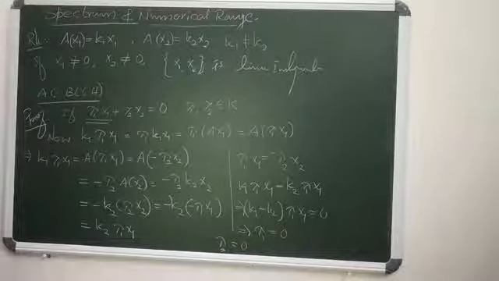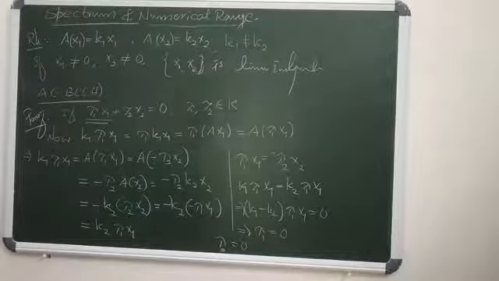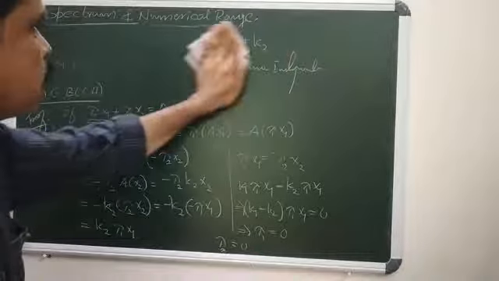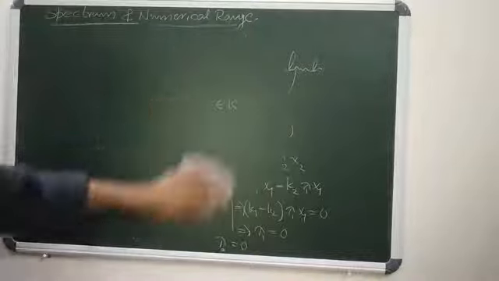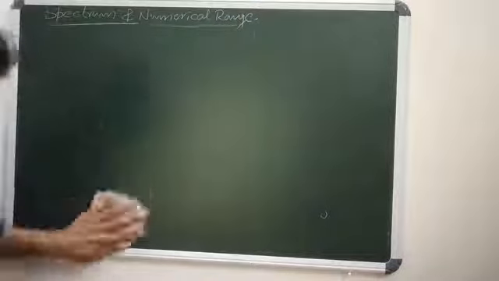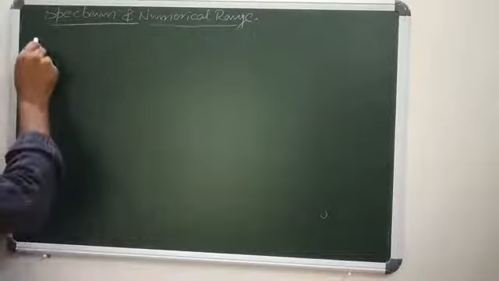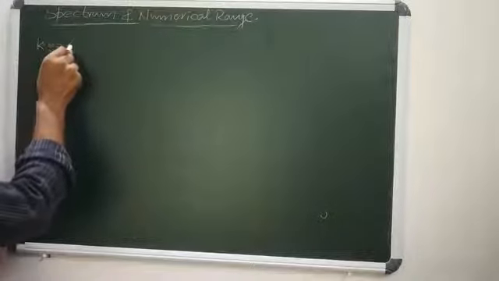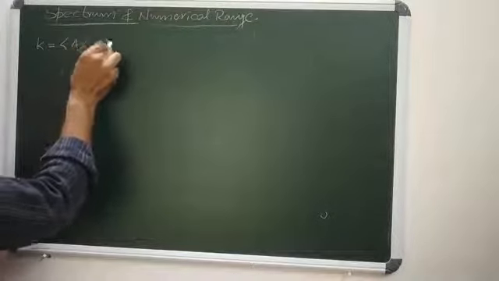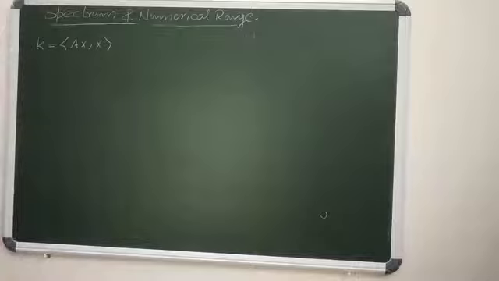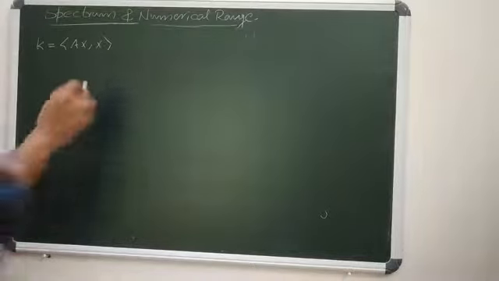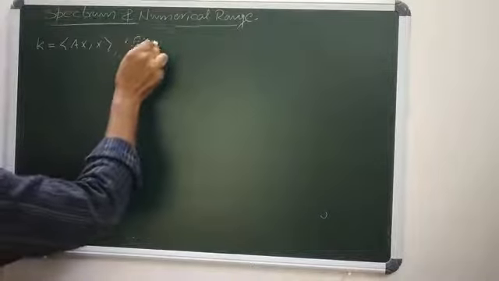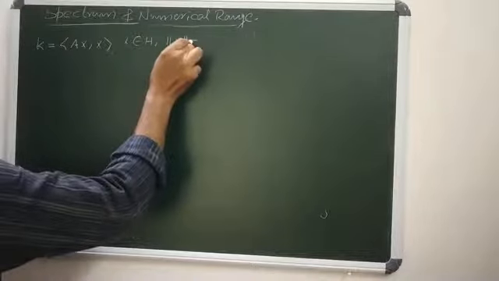Okay. Now we are going to an important definition. Consider K, where K equals the inner product of Ax and x. K is a scalar, for all x in H with norm x equals 1.